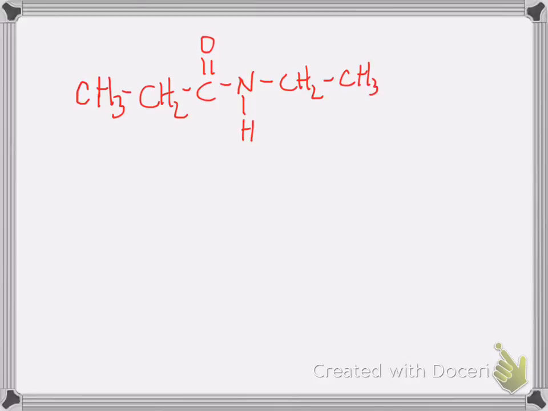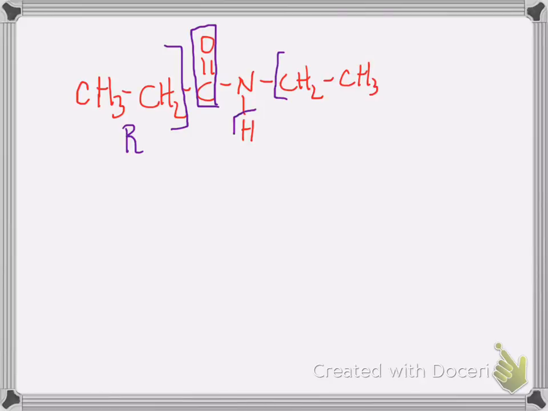Okay, so this molecule is an amide, and I'm going to first show you how I know that, because what's always best when naming a molecule is to determine the family name. I see here a carbonyl group, and when I see a carbonyl group, that defines a little bit what family it's going to come from. On one side of that carbonyl group, I see an R group. On the other side, I see a nitrogen, and attached to that are two groups.